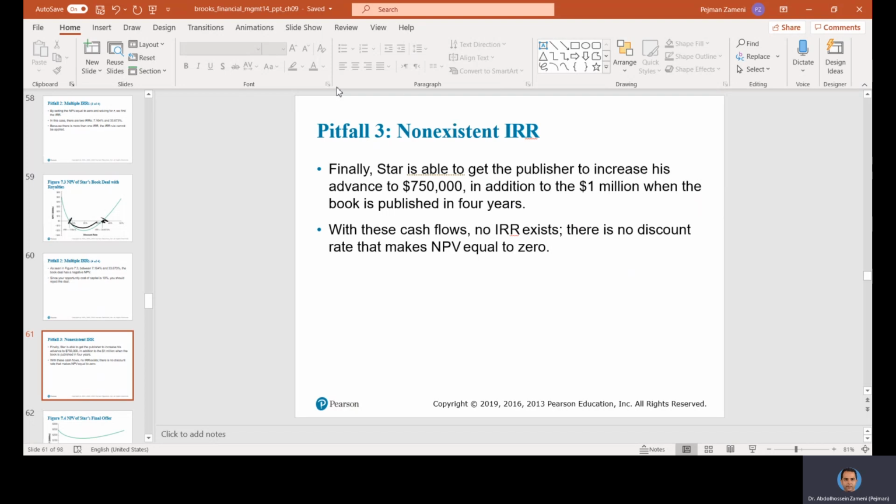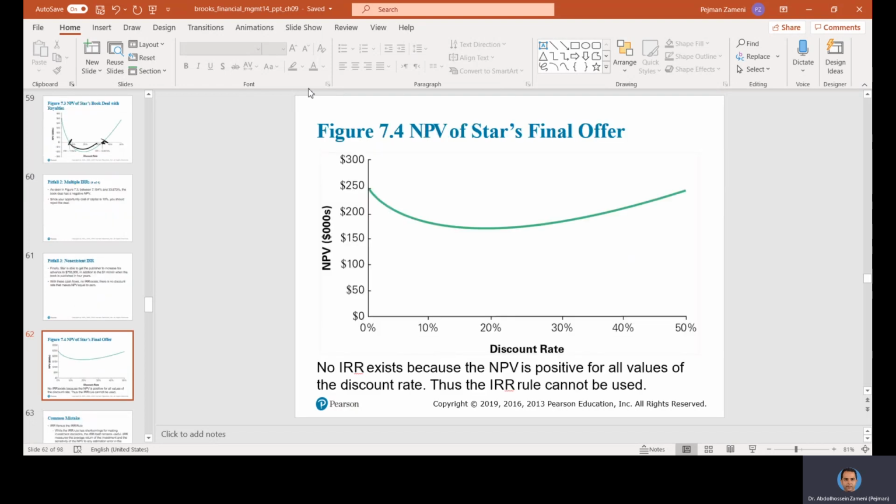There is no discount rate that makes net present value equal to 0. See, the NPV is not really crossing the discount rate axis here. No IRR exists because the NPV is positive for all values of the discount rate. Thus, the IRR rule cannot be used here either.